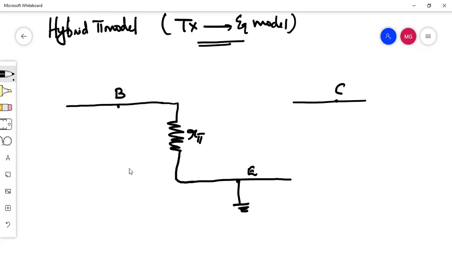The voltage across this R pi is called small VBE, or on the other hand I can write it as V pi.